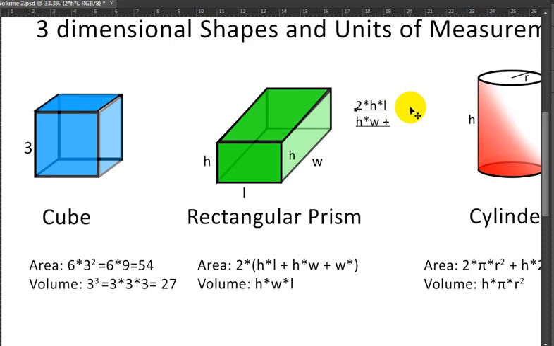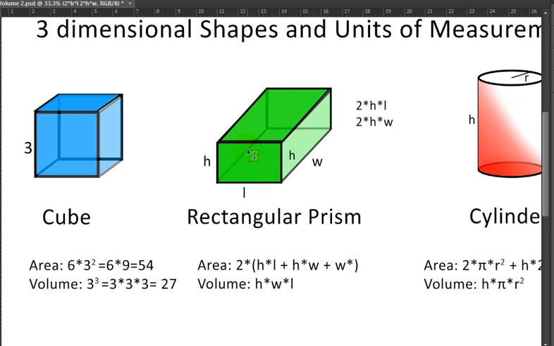So together they would make up h times w plus h times w. And if I added them, I would get 2 times h times w, the same as before, for the same reason as before. And then we do the same thing for the top face and the bottom face.